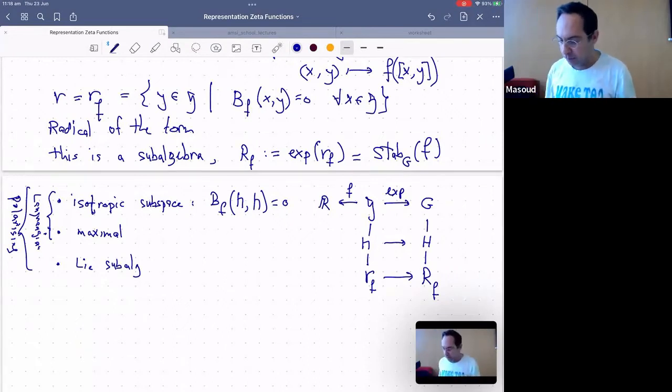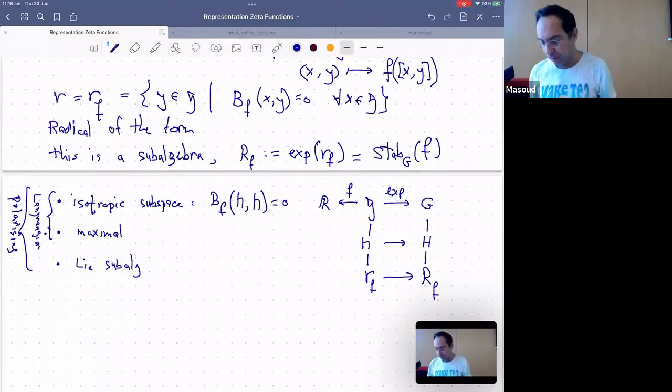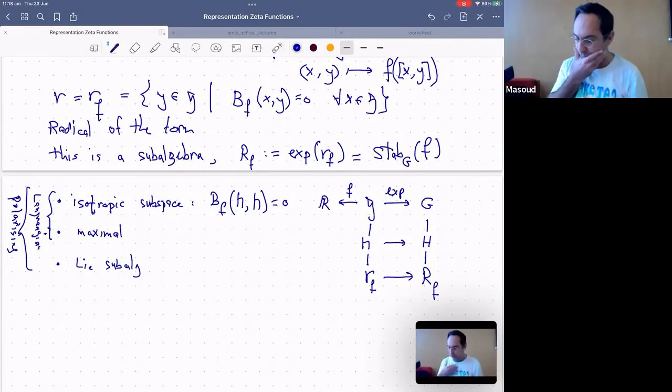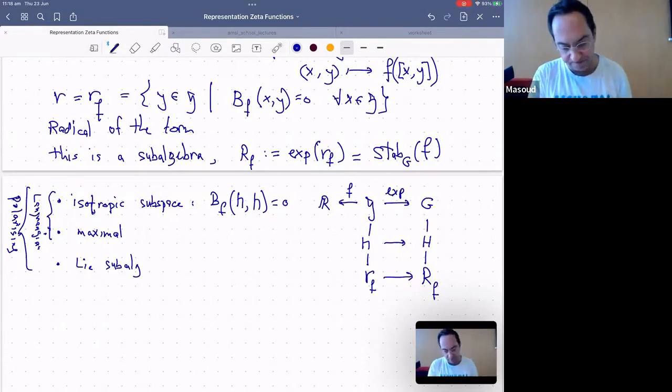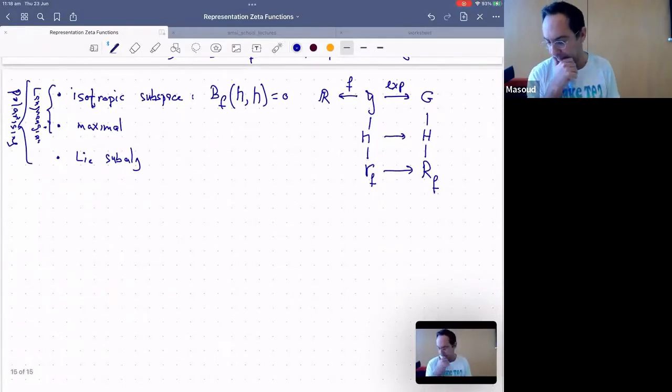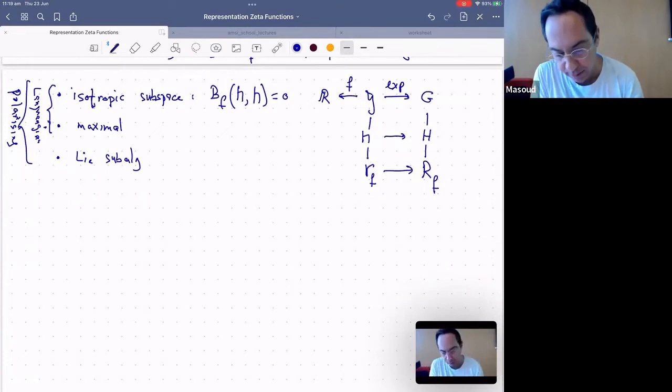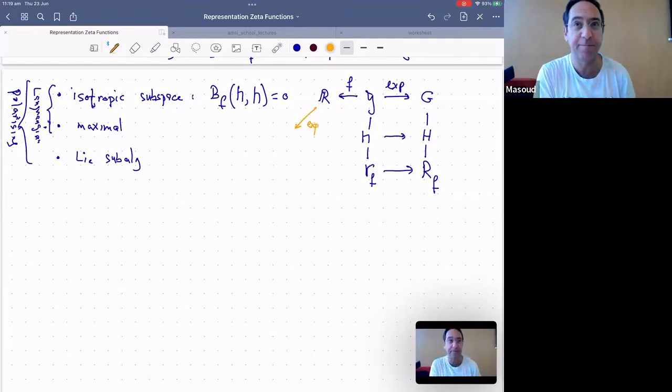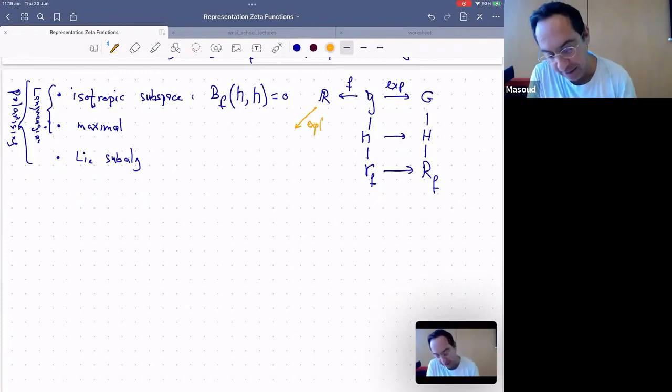All right, so now with all this information, we can construct representations. We continue this map here with the exponential map. So now the exponential map in the good old naive sense, taking the real numbers to the complex unit circle.